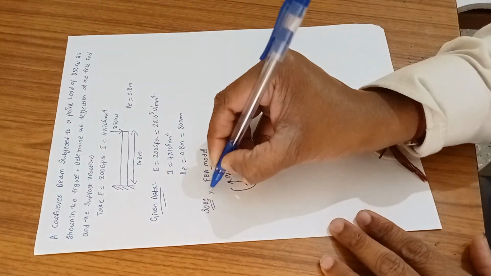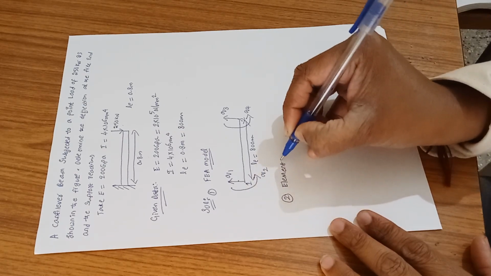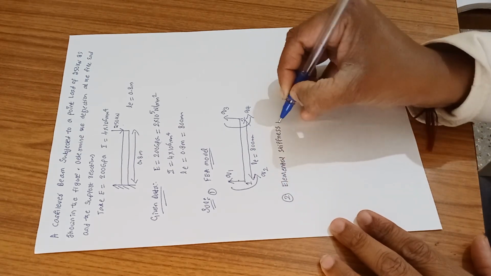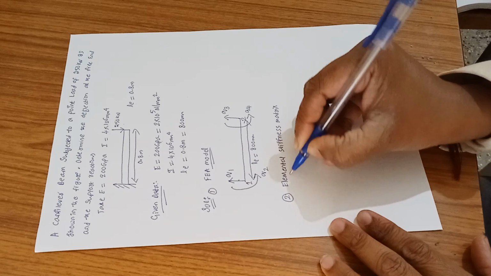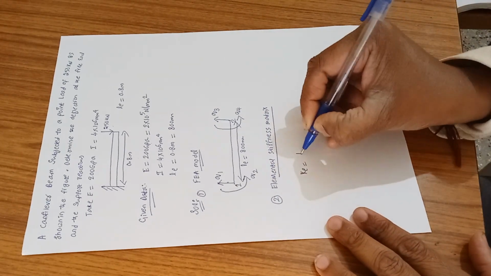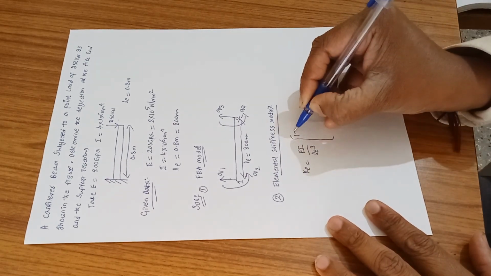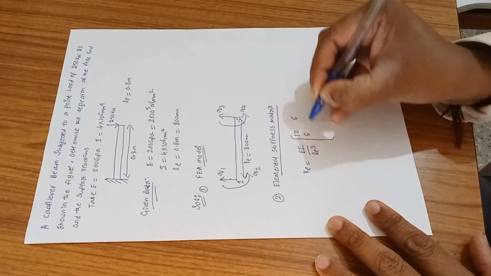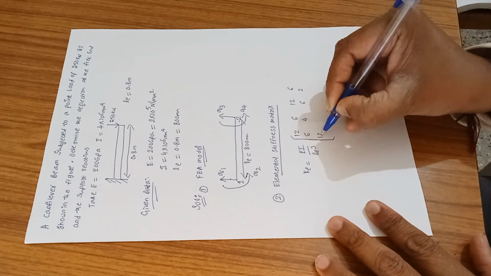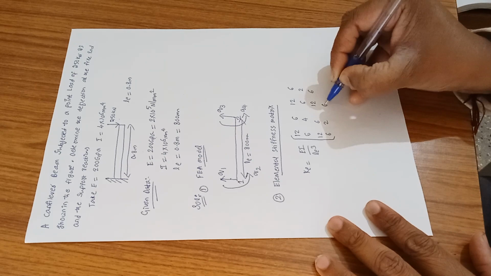The second step is the elemental stiffness matrix. The elemental stiffness matrix is given by Ke equal to EI by Le cube times the matrix. You can write 12, 6, 6, 4, 12, 6, 6, 2, and the same thing replicated here, 12, 6, 6 and 4.